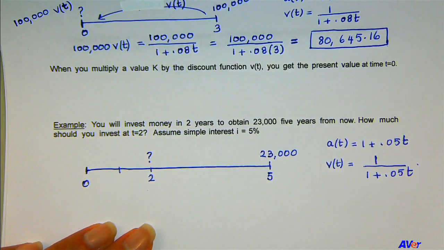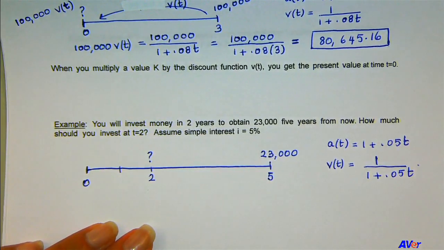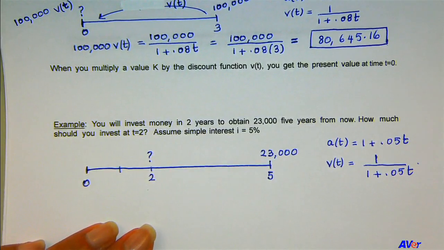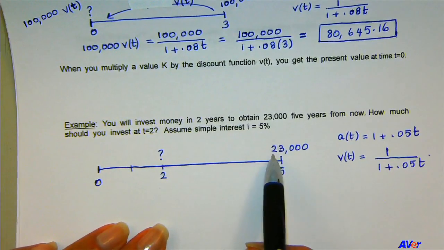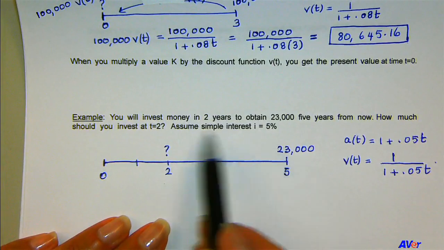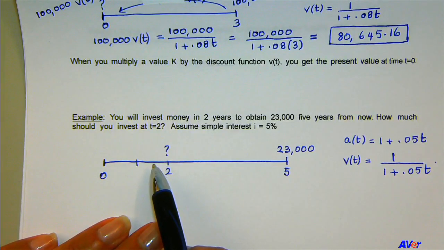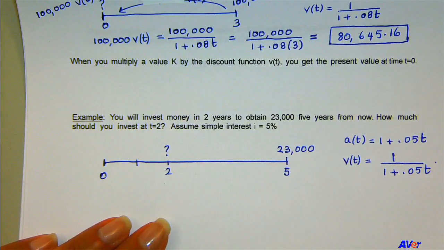What do you guys think? Are you allowed to go to these 2? I'm asking you. I don't know. I'm asking you, why can I not go 23,000 V of 3? I thought that V of 3 brought you back, right?